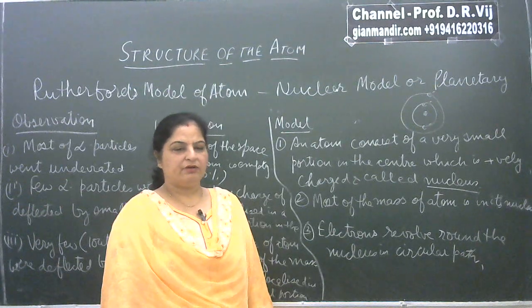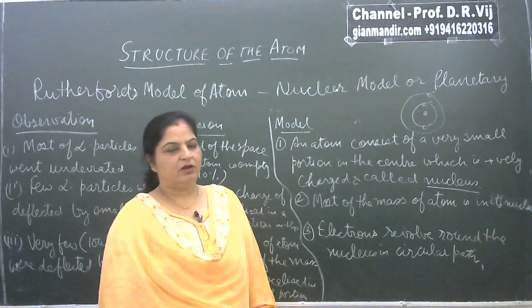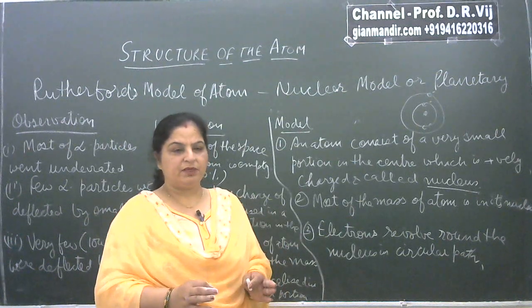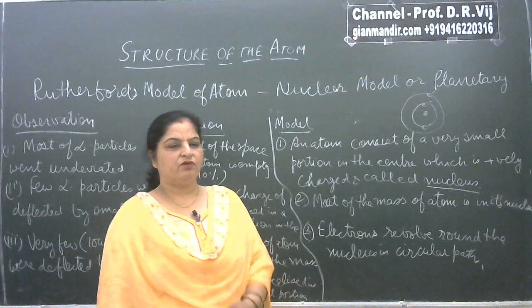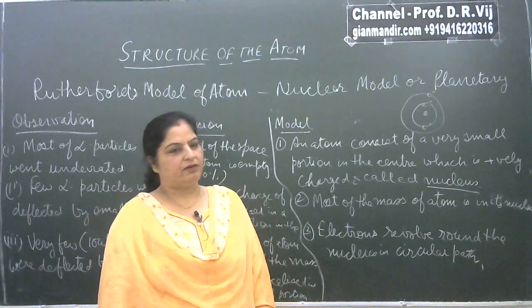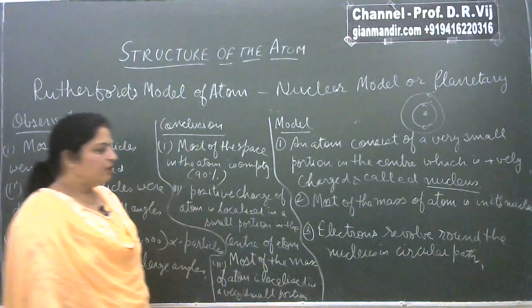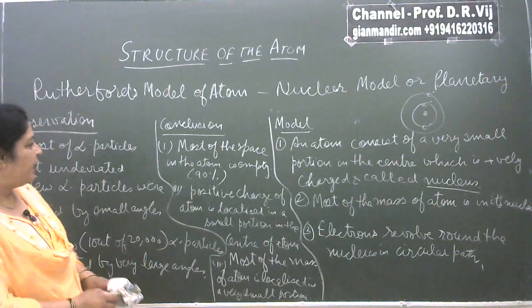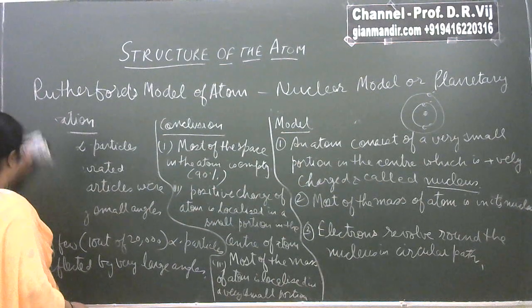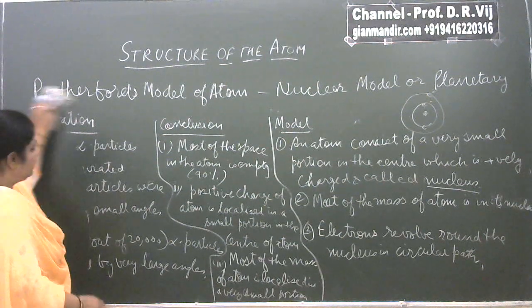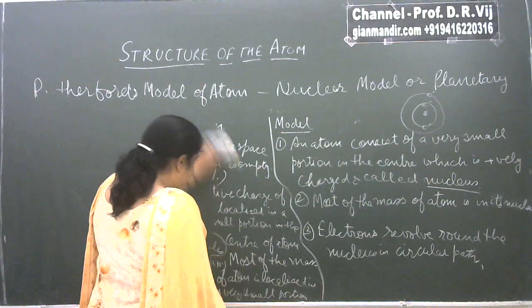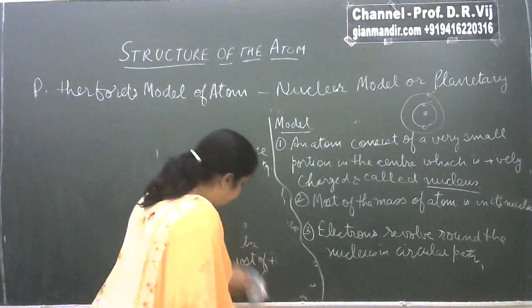So whether you call it Rutherford's model, nuclear model or planetary model, that was a very big achievement towards the study of the structure of atoms, right? If we look at the size of the atom and the size of the nucleus, the size of the nucleus is very, very small as compared to the size of the atom.